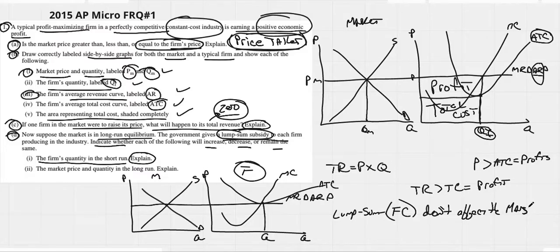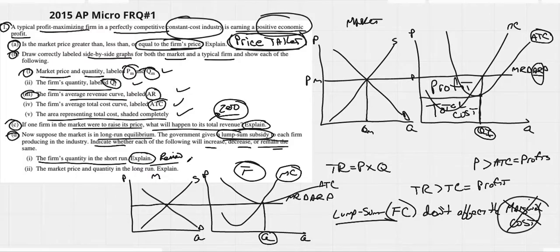If they don't affect your marginal cost, your quantity won't change. If marginal cost doesn't shift left or right, quantity will not change. So we will explain that quantity will remain the same.